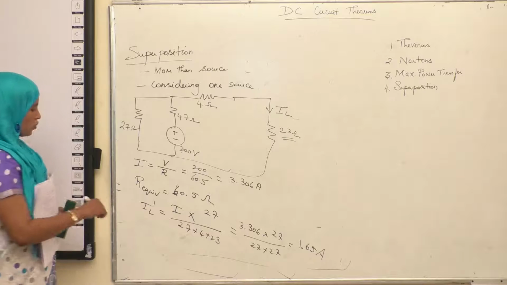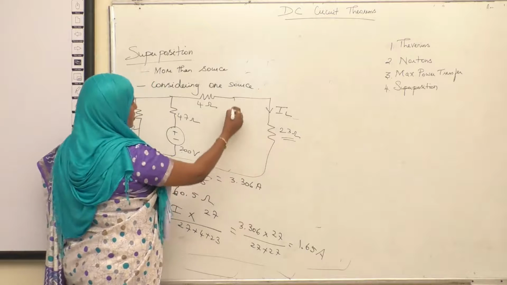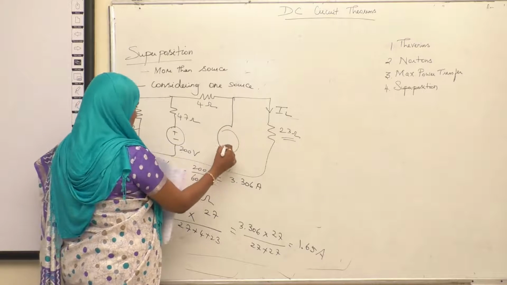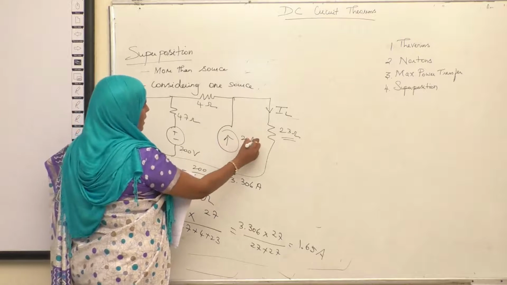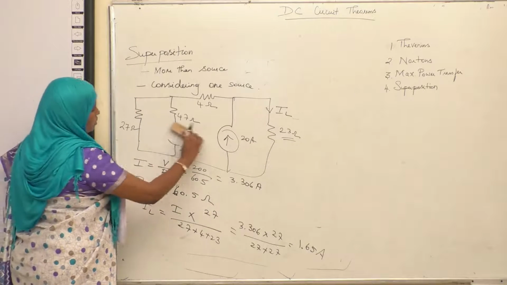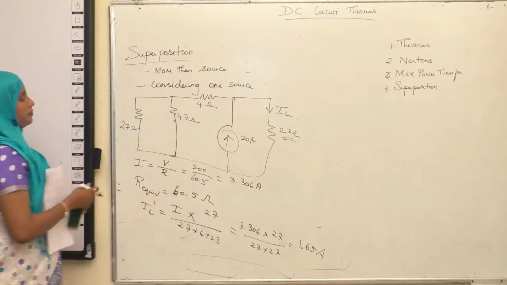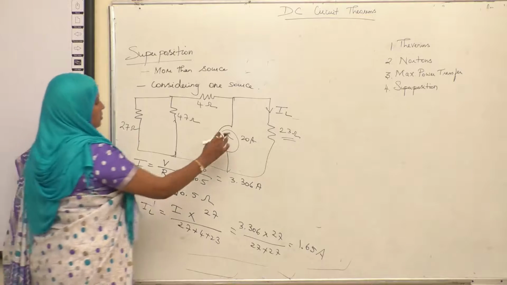Okay. Now you need to find the current flowing through the same resistor when you are considering the current source, 20 ampere. So this is the voltage source, so you make this as short. Right?